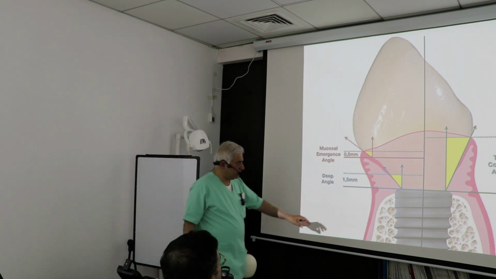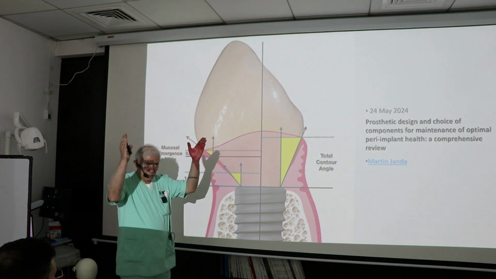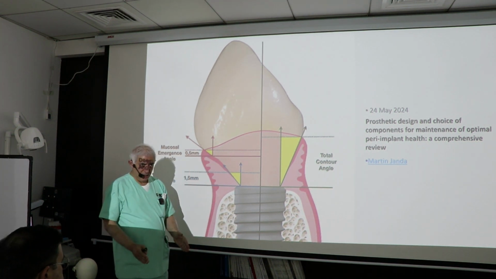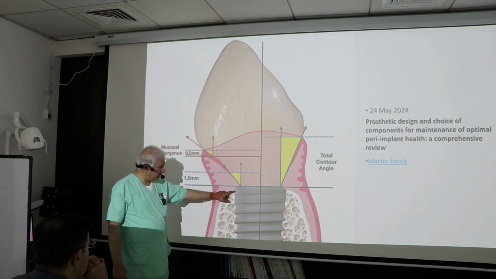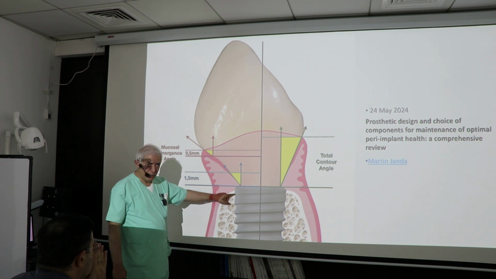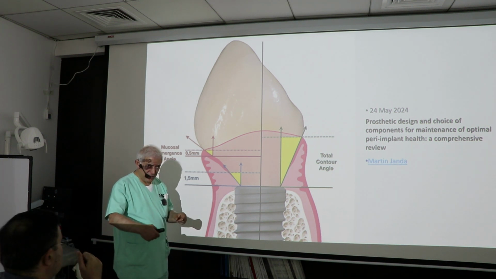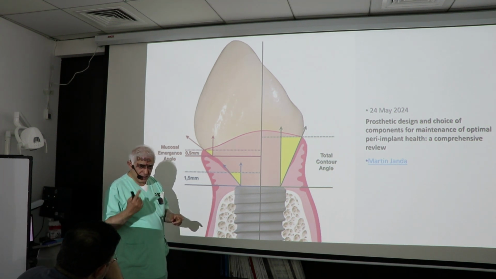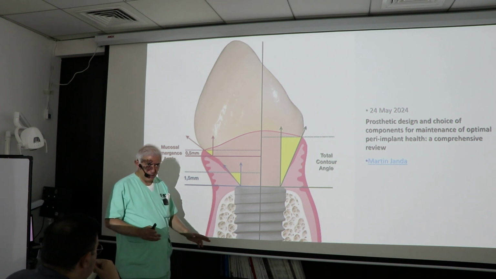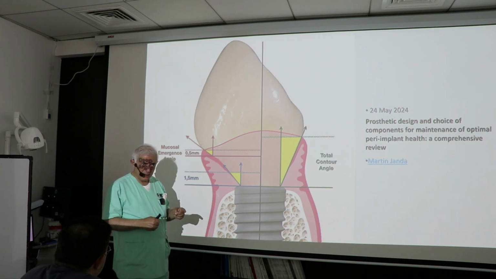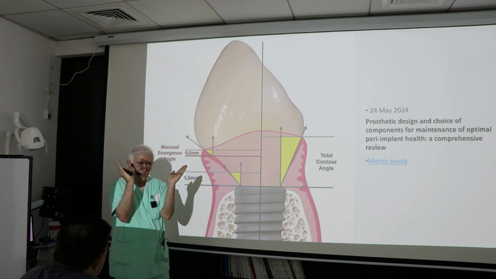Many times, because always this part is bigger than this part, because all our implants are conical. So as it's going in, and you are putting it 0.5 millimeter below, or some of you putting it at bone level, this part, because the way you drill is made, is not 100% the shape of the implant. They want you to have primary stability. They did not make this part in the drill like this.